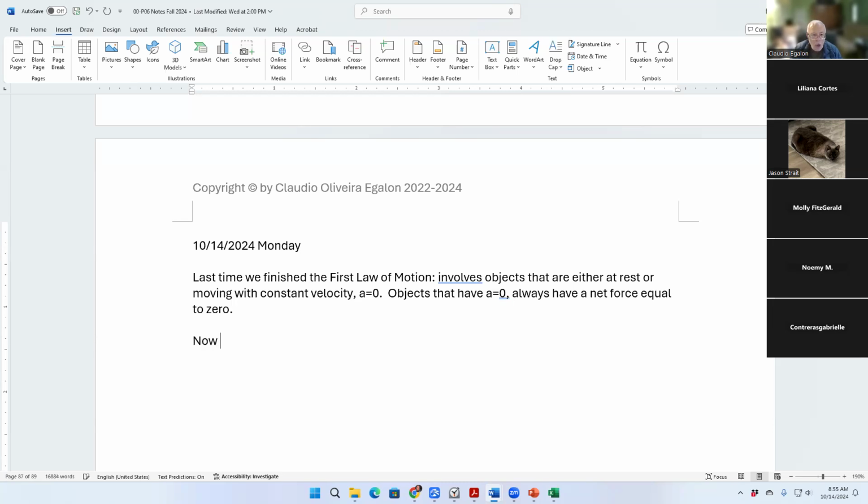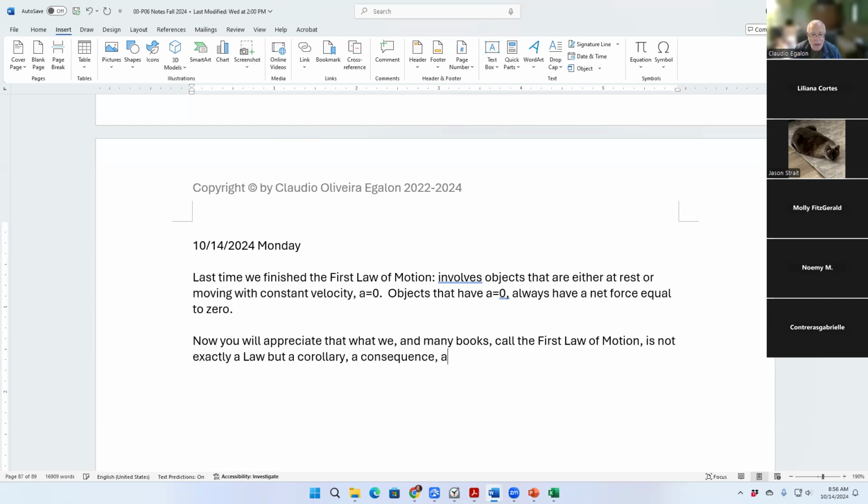Now you will appreciate that what we call in many books the first law of motion is not exactly a law, but a corollary, a consequence of another law.